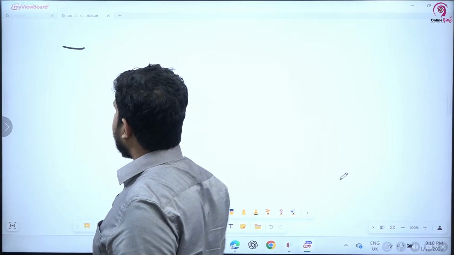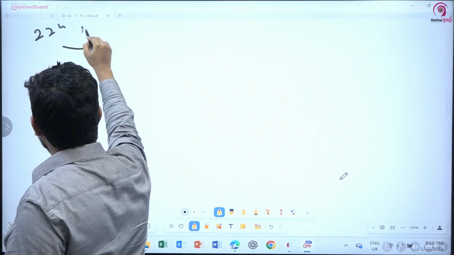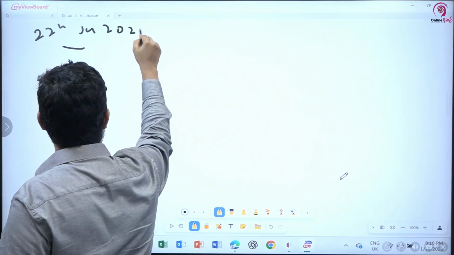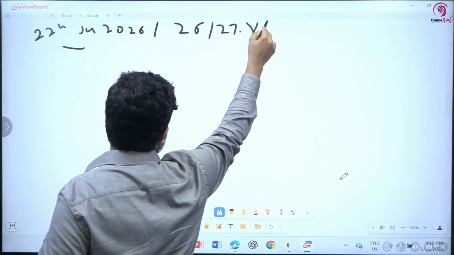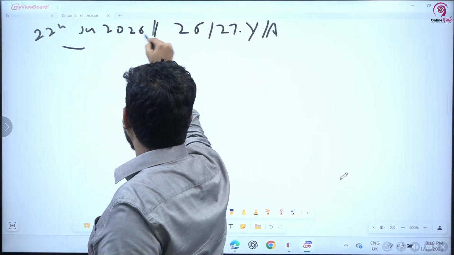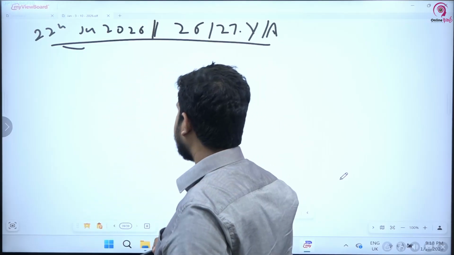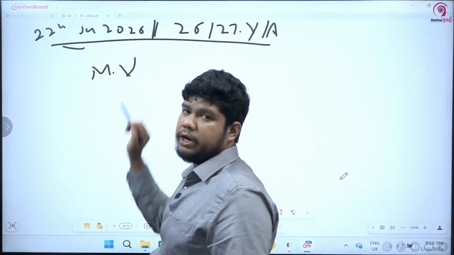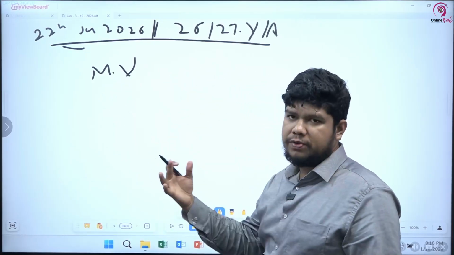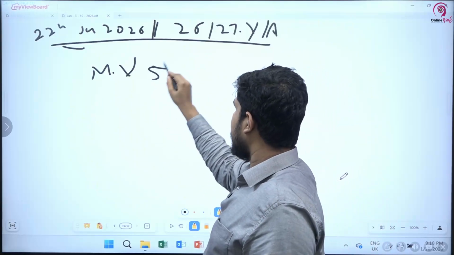So now it's 22nd June 2026, 27 year of assessment. The benefit you are receiving is the shares allotted, at market value.